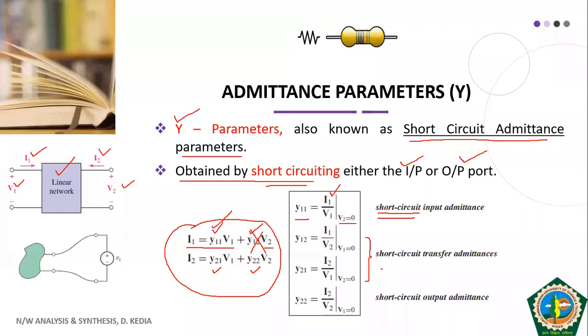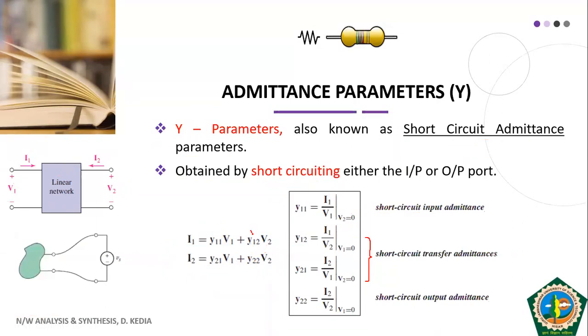You can see here in this set of equations that either we are making V2 equal to 0 or V1 equal to 0. This is just simple mathematics. If we want to find out Y11, Y11 will be equal to I1 upon V1, given that V2 equals 0. Similarly, Y12 will be equal to I1 upon V2, and this V1 will be 0.